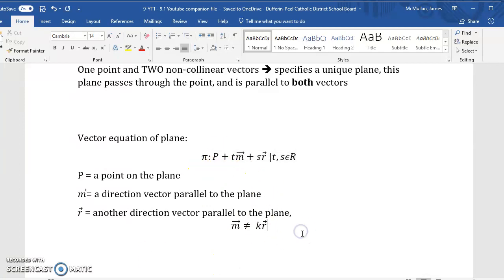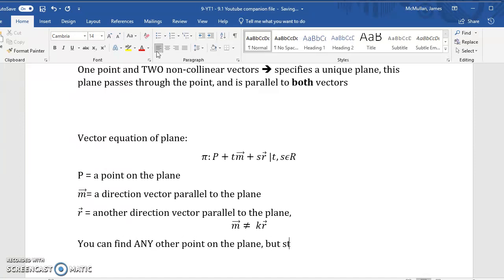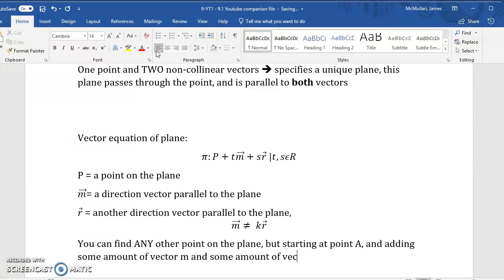What this basically says, mathematically, what we're trying to conclude here, is that you can find any other point on the plane by starting at point A and adding some amount of vector M and some amount of vector R. This is the central concept to how the equation of a plane works.